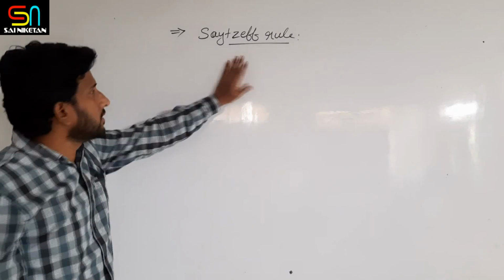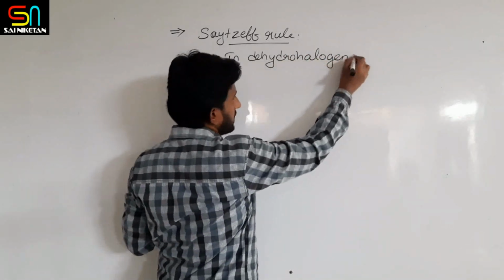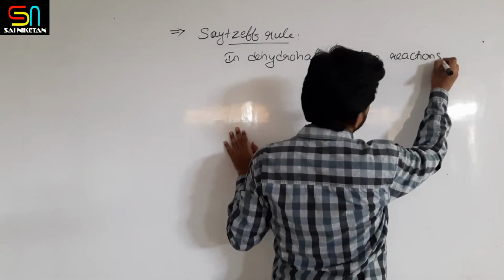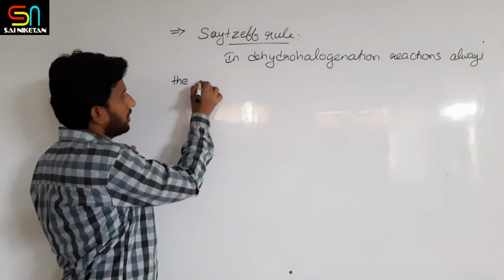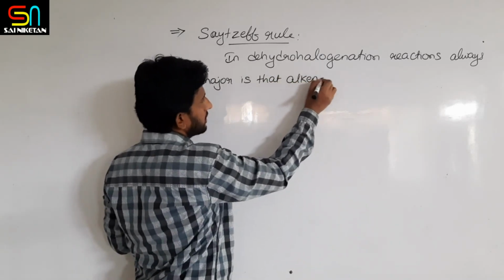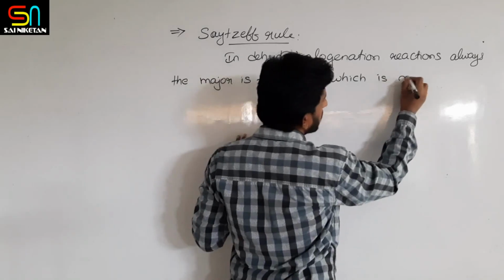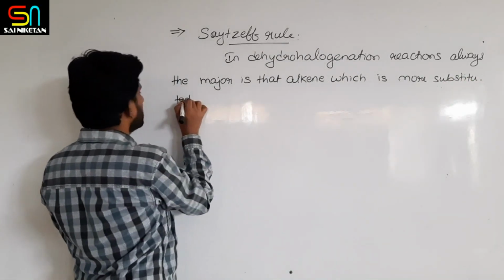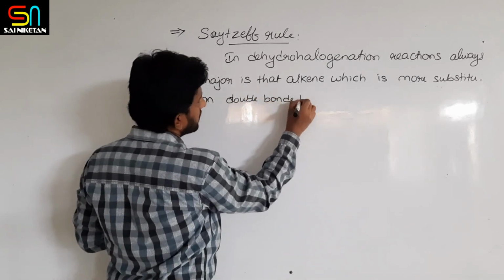In case of dehydrohalogenation reactions or simply elimination reactions, you can say, always the preferred product, or you can say the major product, is that alkene which is more substituted on double bonded carbons.